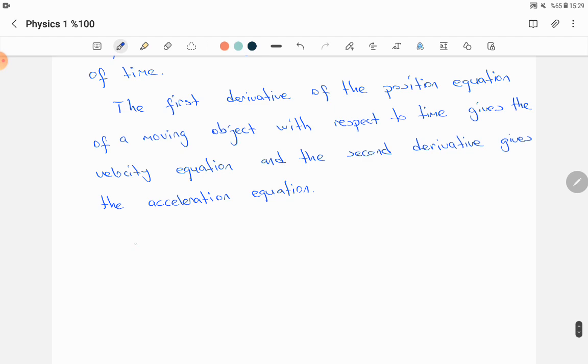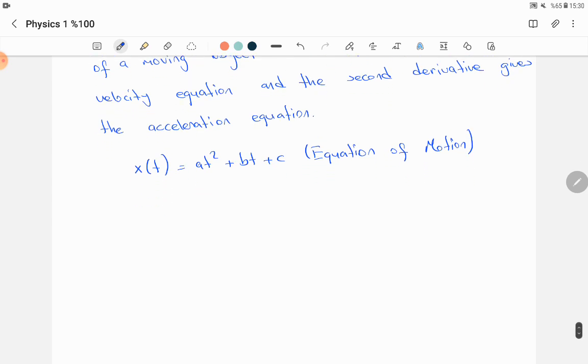For example, our position equation depending on time is x = At^3 + Bt + C, and that's the equation of motion. And if we want to find the velocity equation depending on time, we take the derivative of the position with respect to time, the derivative of x with respect to time.